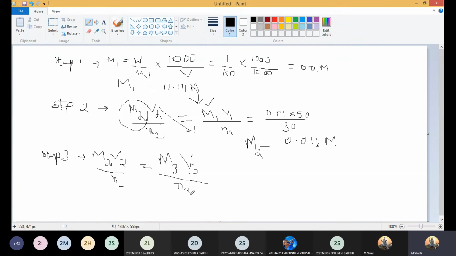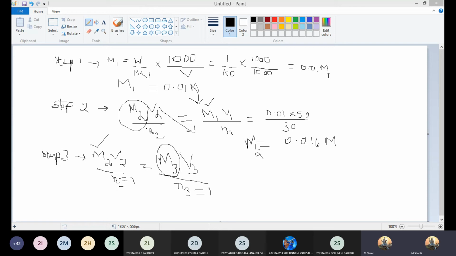Now, the M2 value you already know. N2 is 1, and N3 will also be 1. M3 we have to find out, and the V2, V3 values you will get from the question.